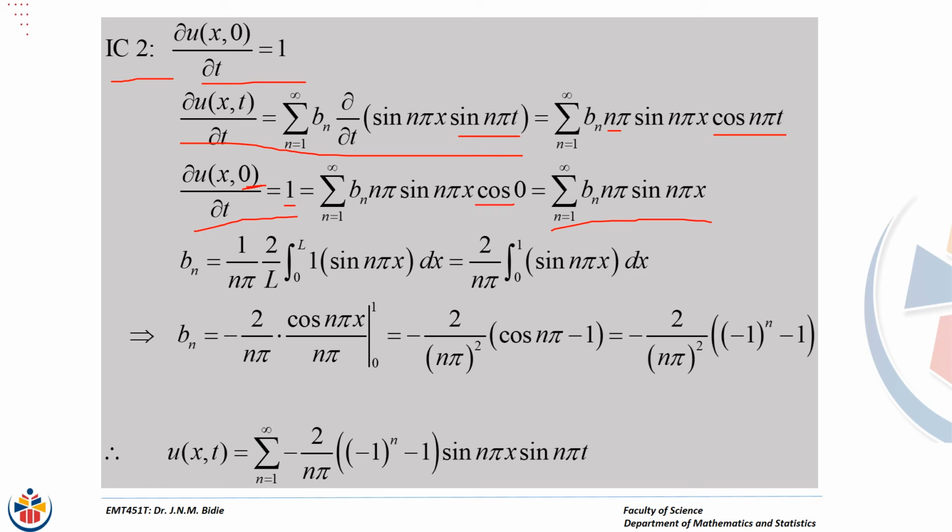But we have to find the Fourier sine constant using the sine series formula, which says the Fourier constant will always be equal to 2 divided by L multiplied by the integral of the function that is on the left hand side, which is f of x, multiplied by that sine function that you had in the sine notation, which is sine n pi x.